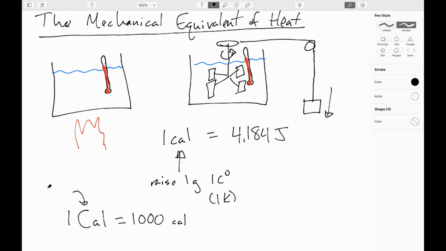This is called a great calorie or a food calorie. So capital C is 1,000 of lowercase c calories. This is often written as kcal in order to help avoid the confusion.